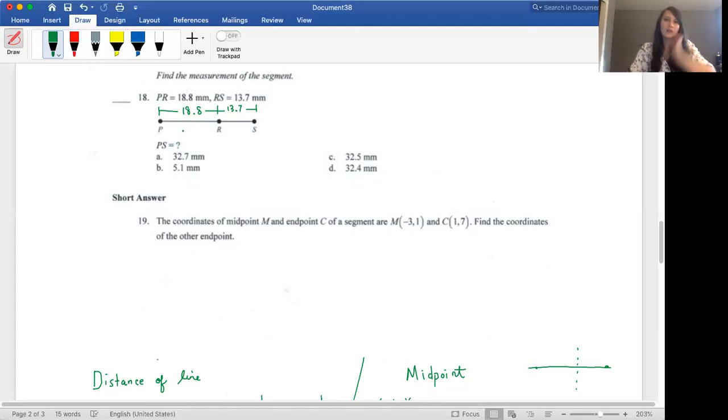Well, I know I can add those together to find that, right? So you can plug this in, 18.8 plus 13.7. And when you add those, I think it would be 32.5, C.